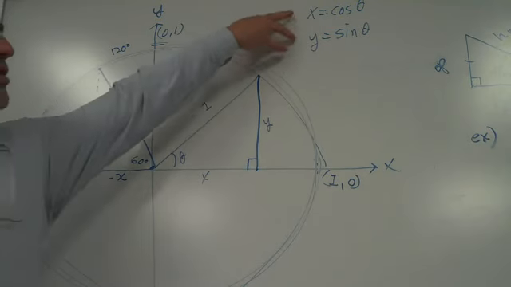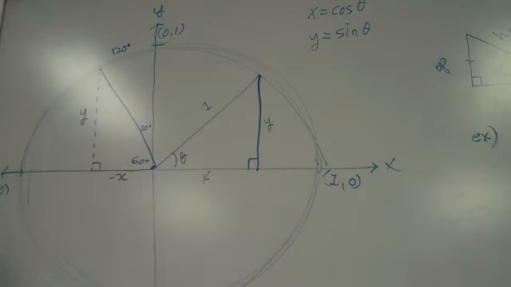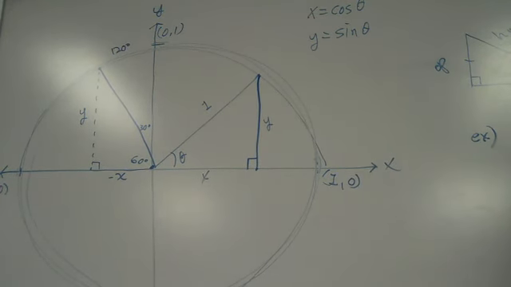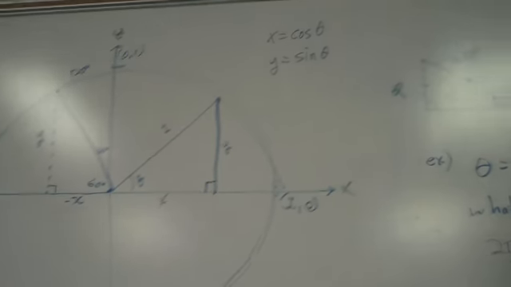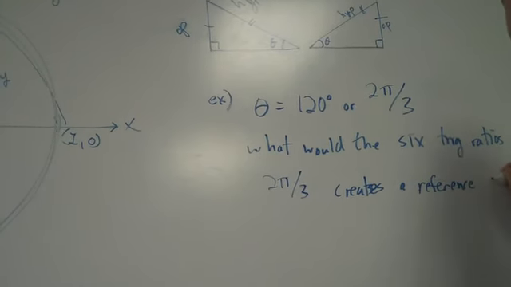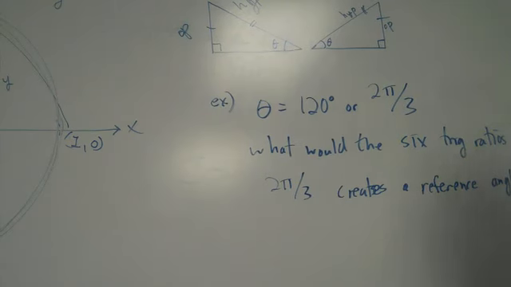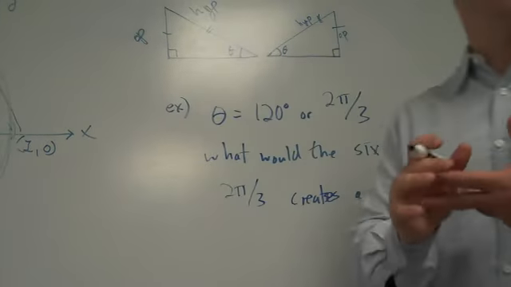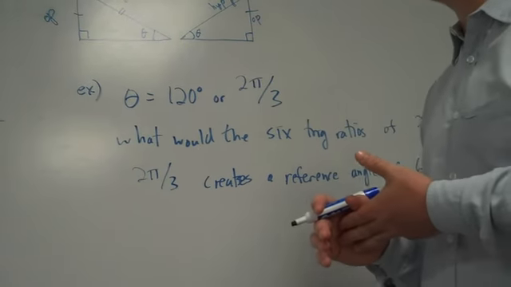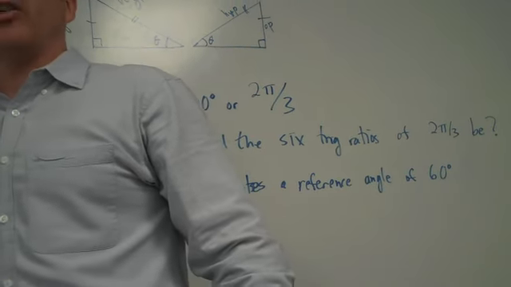Here's where we have to go back to this part, where x is the same as cosine and y is the same as sine. Okay, so 2 pi over 3 creates a reference angle of 60 degrees. So to find the sine, cosine, tangent, cosecant, secant, and cotangent of 120 degrees, I use this triangle over here in quadrant 2 with this 60-degree angle.